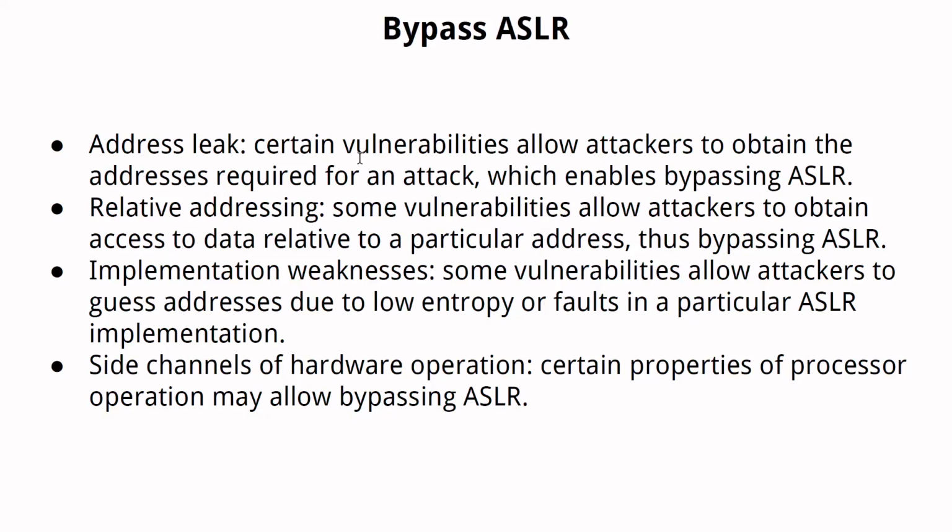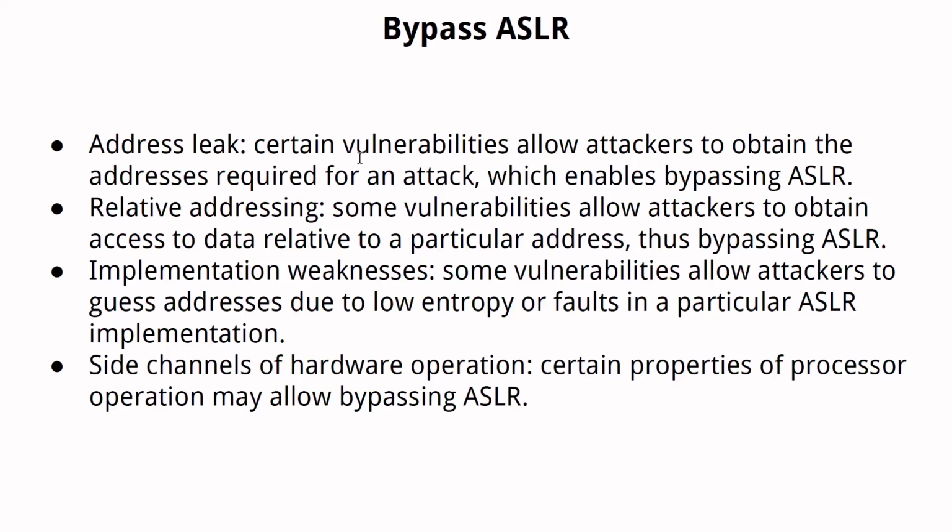First one is address leakage. Some vulnerabilities allow attackers to obtain the address required for the attack to bypass this. And also relative address, like we said. You see the implementation here: the code section, the whole section, is moved around, not different functions. So the entropy is not enough.